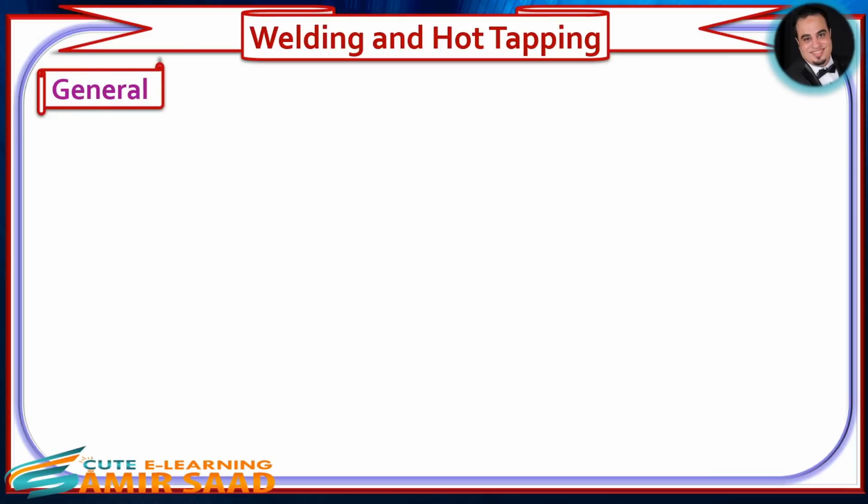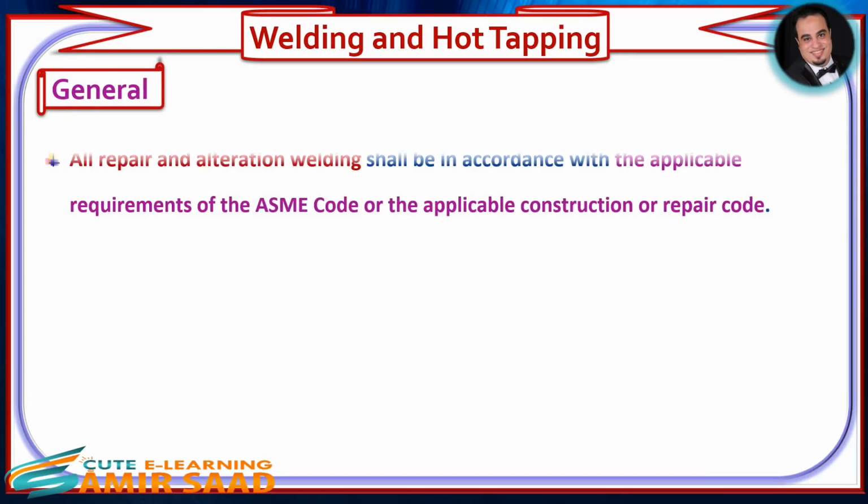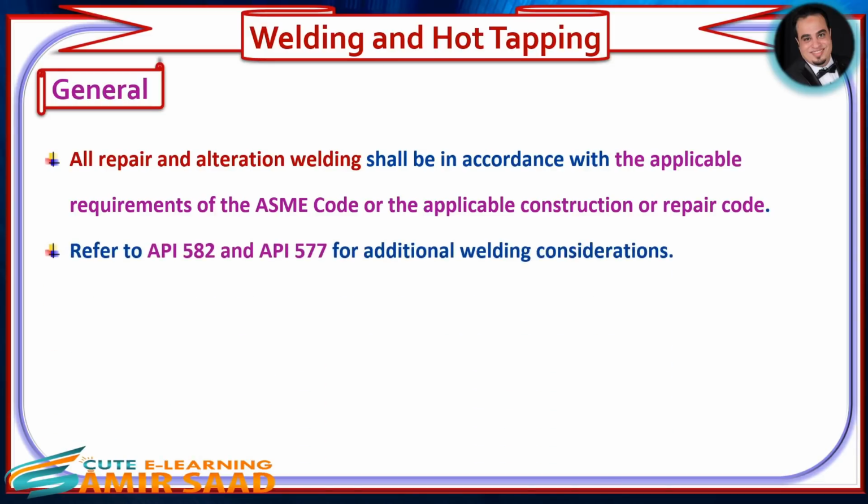Welding and hot tapping. General. All repair and alteration welding shall be in accordance with the applicable requirements of the ASME Code, or the applicable construction or repair code. Refer to API 582 and API 577 for additional welding considerations.